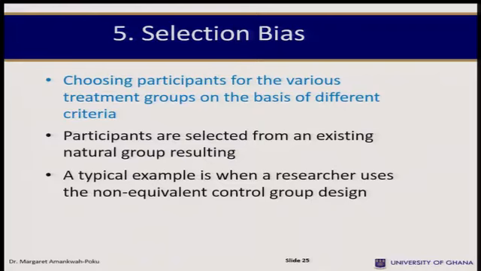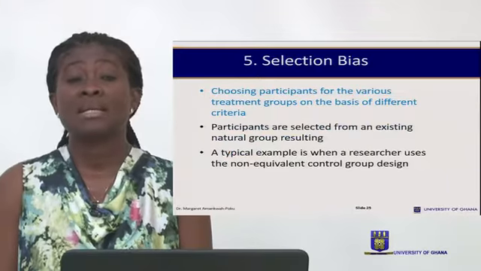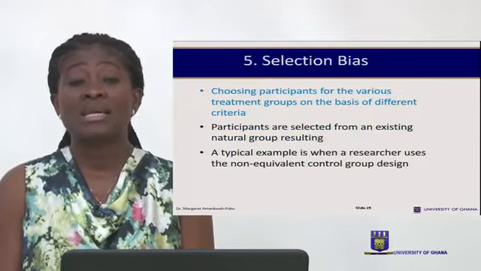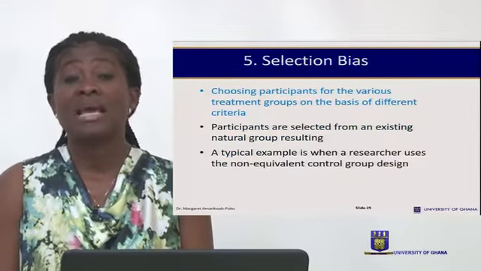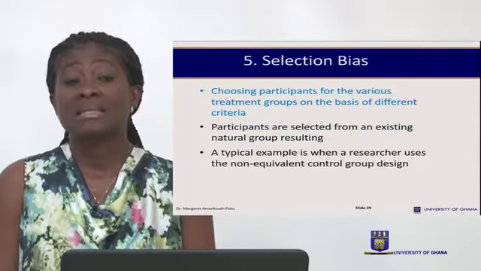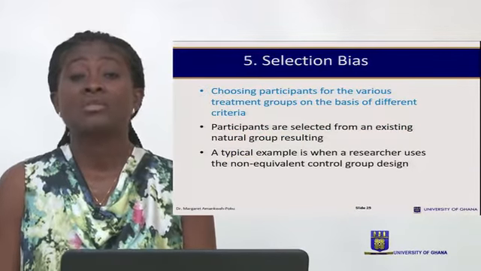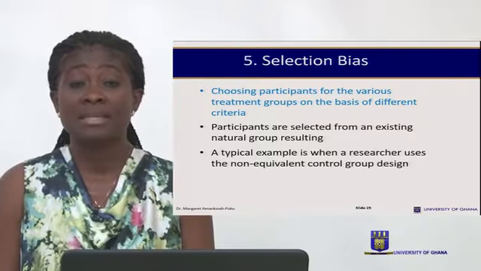So you have the next extraneous variable, which is selection bias. And selection bias occurs when you choose participants for various treatment conditions based on different criteria. So what it means is that these participants that you are studying in the various treatment conditions or the various groups of interest are not randomly selected and randomly assigned to the groups that you are studying.